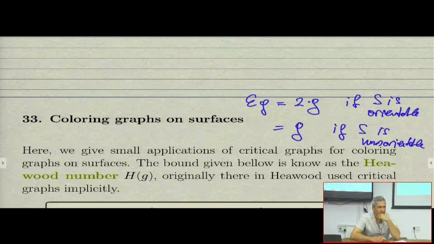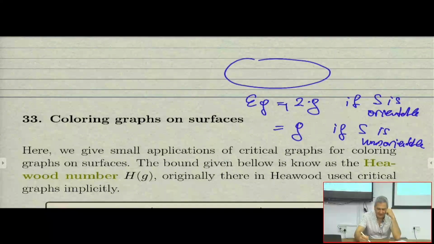Genus, I read, is the number of holes in the surface. No, I mean for an orientable surface, we have it like this. We have one handle, another handle, and another handle.